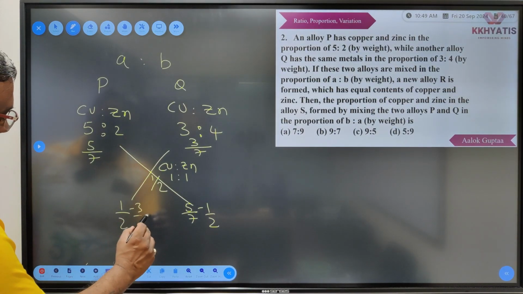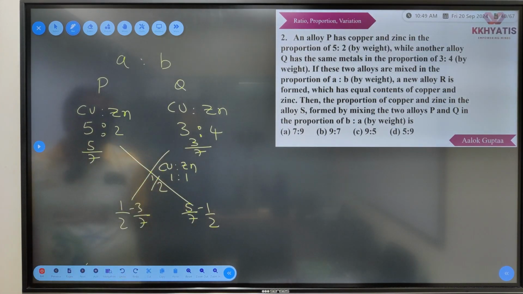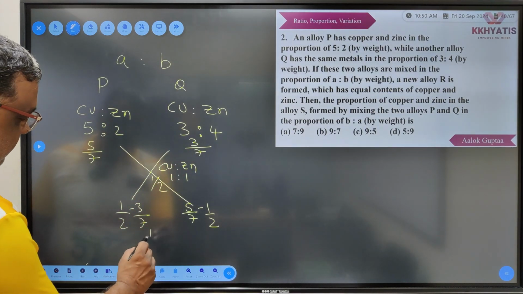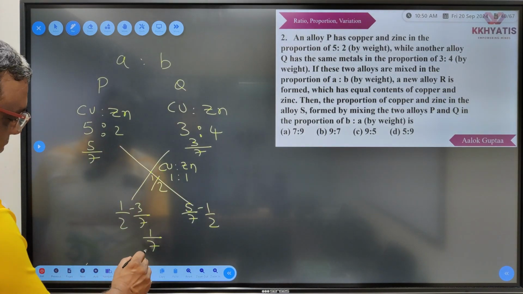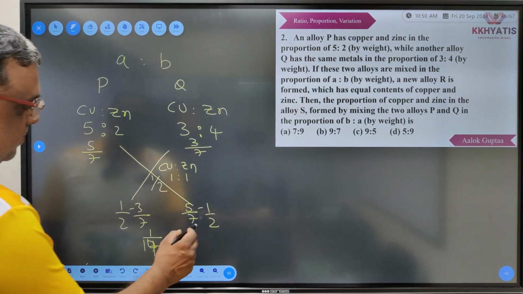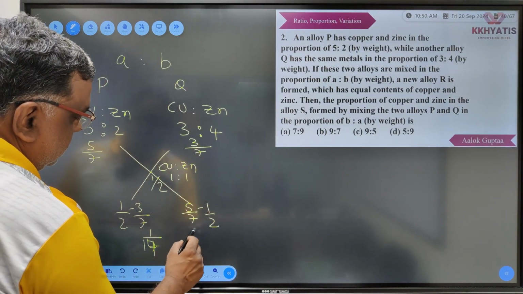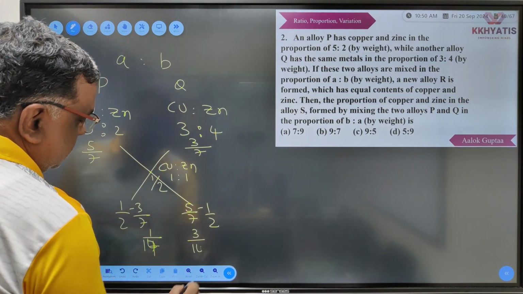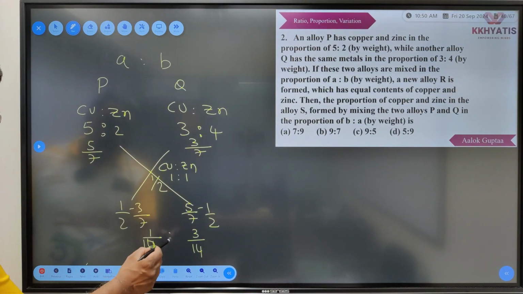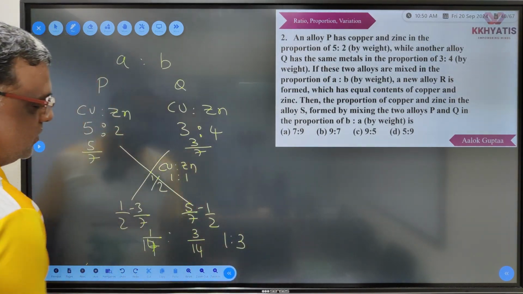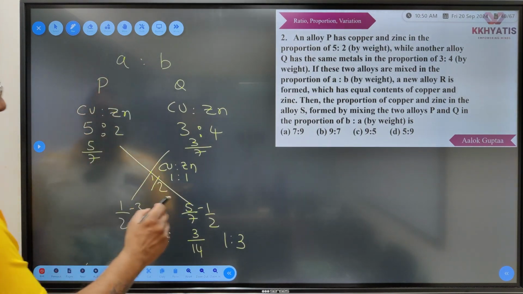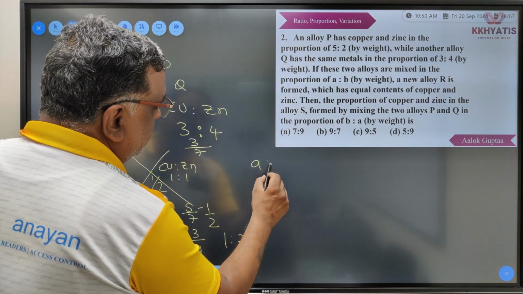This will be the difference between the proportion of copper in the mixture and the respective alloys. So it will be 1 upon 14 (7 minus 6), and 3 upon 14 (10 minus 7). So the ratio of the differences is 1:3.